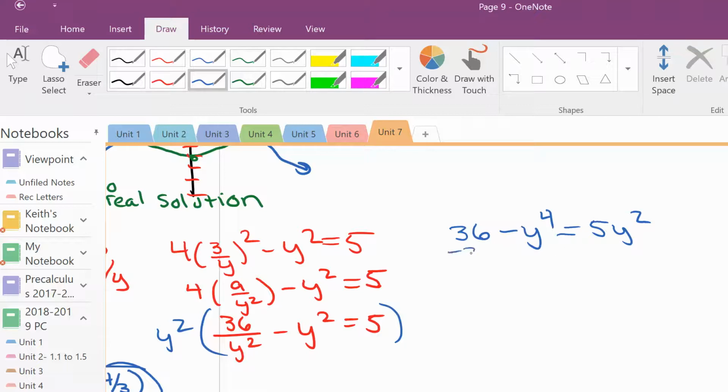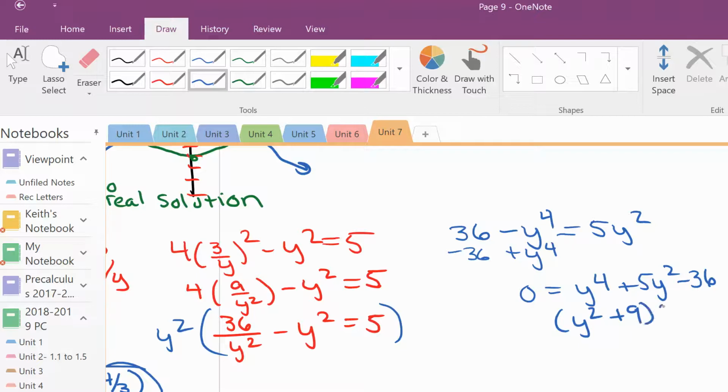And so now you want to bring everything over to one side to see if you can factor. So subtract the 36, and add the y to the 4th. So you get y to the 4th plus 5y squared minus 36. So this is a form of a quadratic. You can go y squared plus 9 and y squared minus 5, and that equals 0.